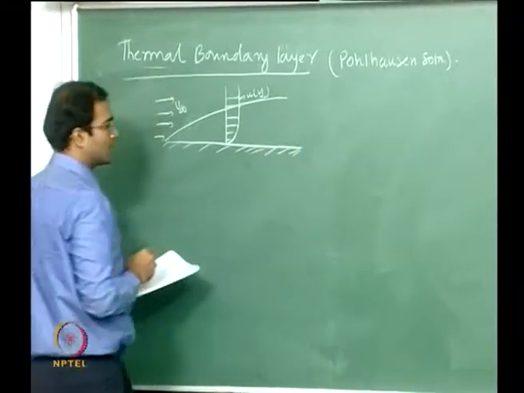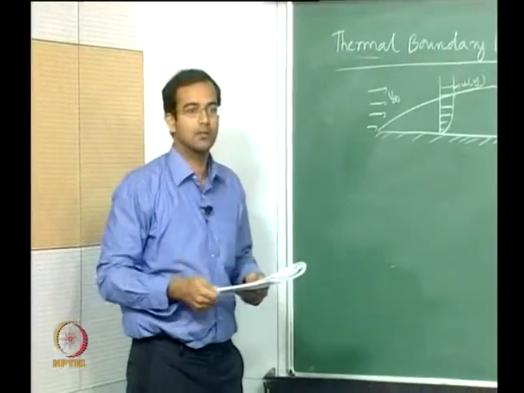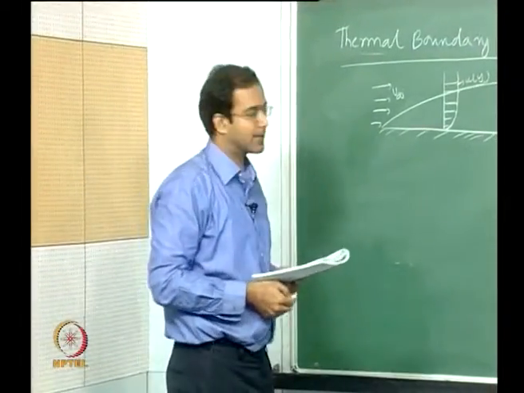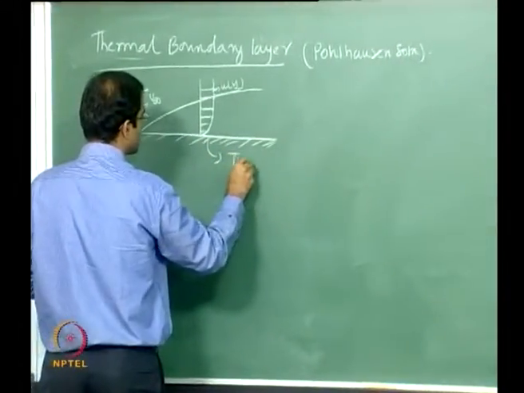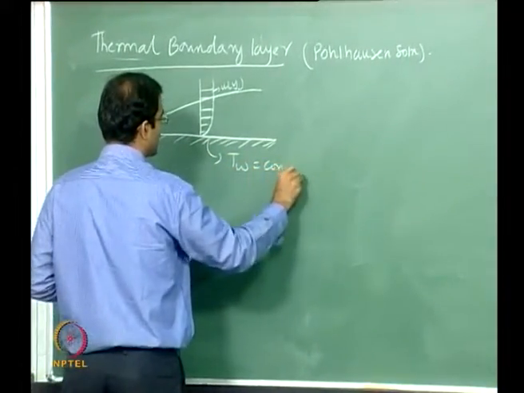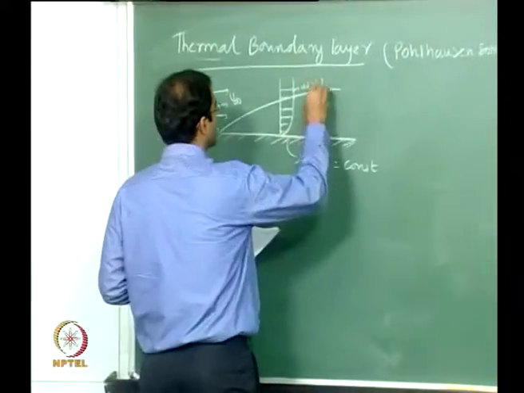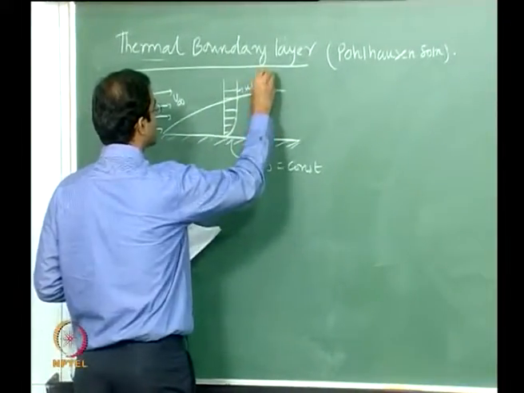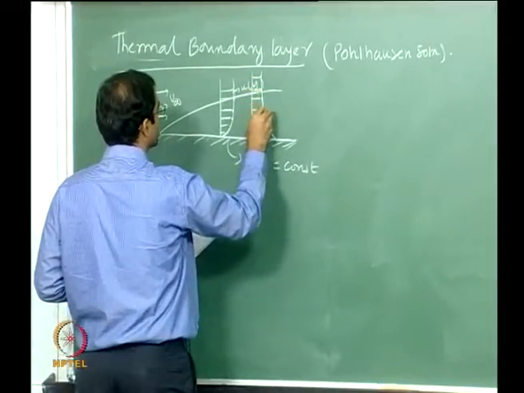You can also do a case with a constant heat flux. I am not going to do it now, but there is also a similarity solution possible for that case. I will leave that as an exercise to you. So what Polhausen did was he took the wall temperature to be uniform, and then he was interested in calculating the solution for the temperature profile.